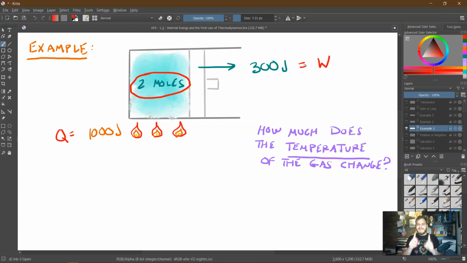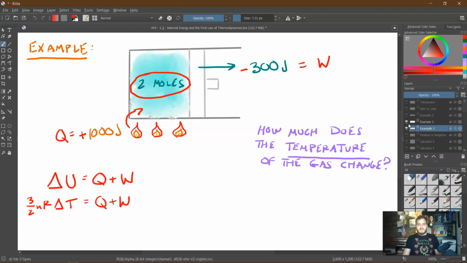Now, before we do anything else, we need to know, are these positive or negative values? Well, if we are adding heat, the gas is gaining energy, so this should be positive 1,000 joules. But if the gas is expanding, it is losing energy to the surroundings. So this should be negative 300 joules, because the work will be negative.